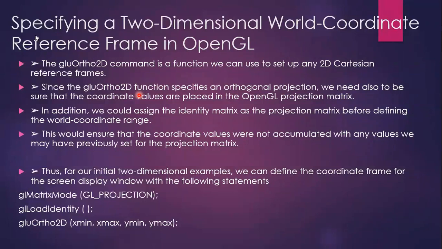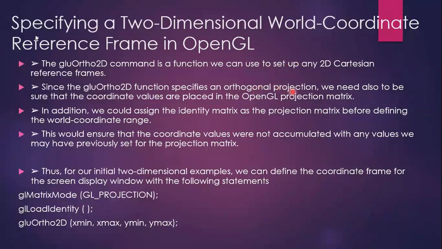Everything in the background will be in matrix format: the locations, the color information, all of it has to be represented in a certain matrix format. All this will be in the projection matrix format.